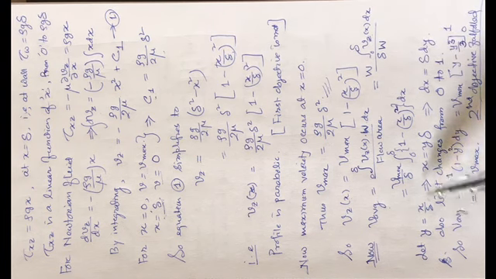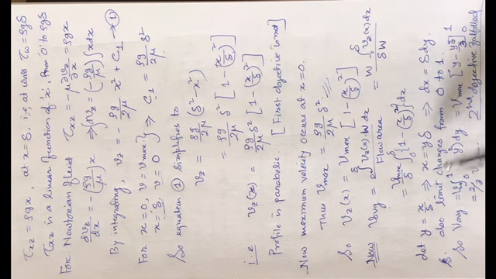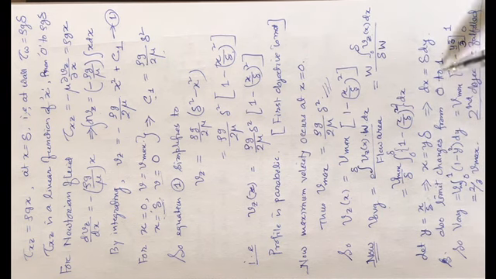When we change the definition of the variable itself, the limits also change. Initially when x is equal to 0, y will be 0. When x is equal to thickness, thickness by thickness means 1. So the limit for this integration will be 0 to 1.